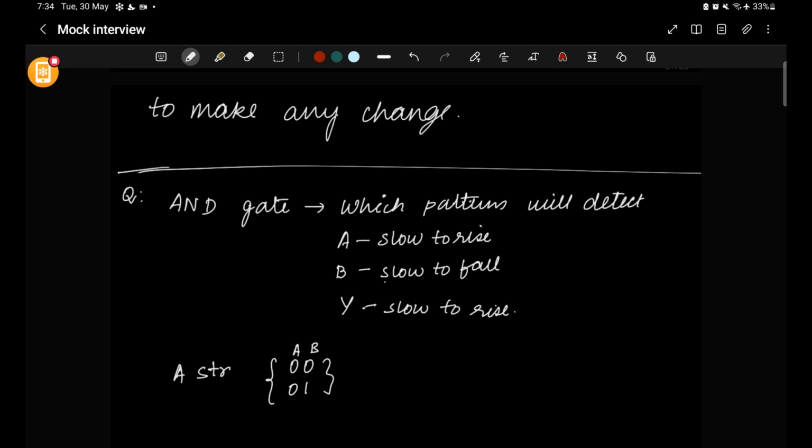Ma'am, for B, 0,1 and 1,1. Slow to fall.